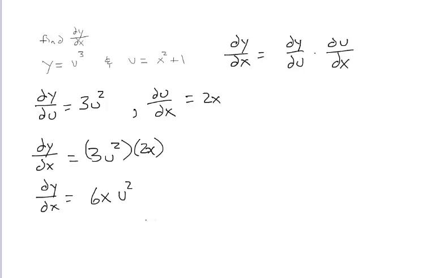And now what we need to do is substitute u in for our formula so we have everything in terms of x. So dy dx is equal to 6x times x squared plus 1 squared.